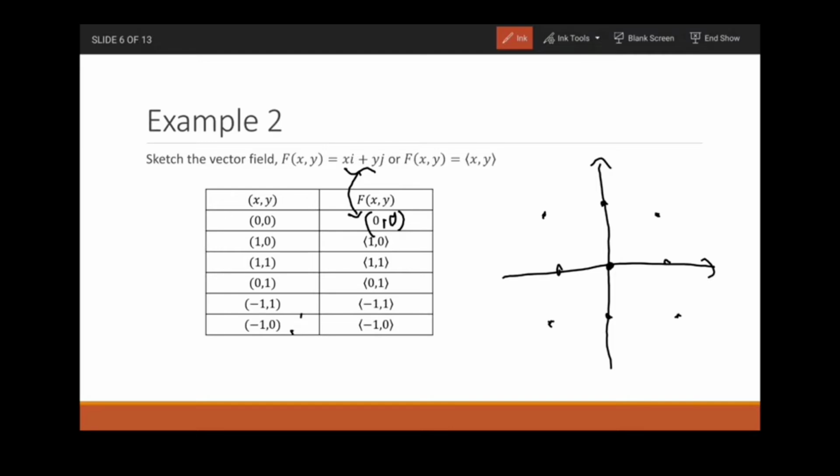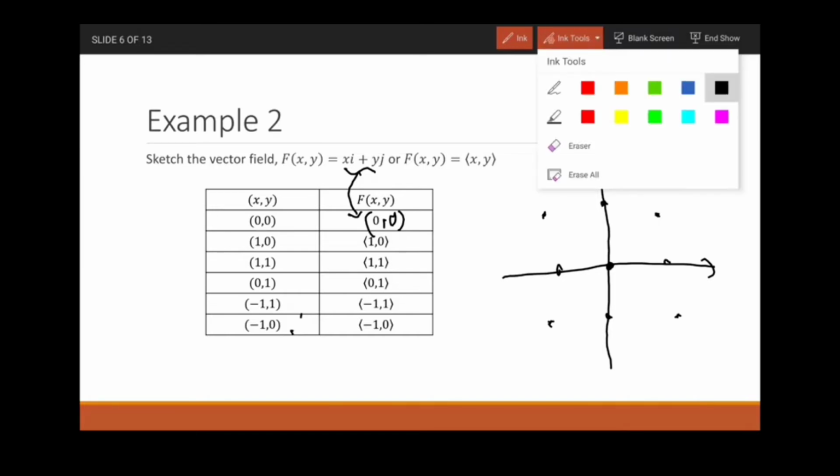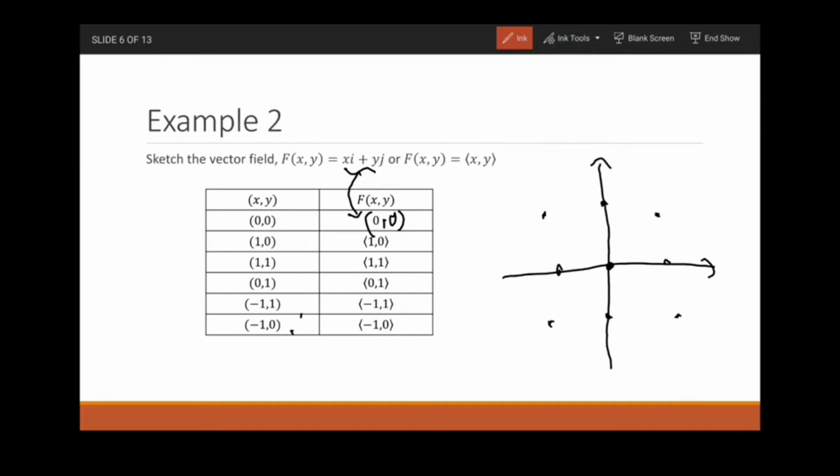Then we repeat for another point, for example point 1, 0. This is the point 1, 0, so the function vector is 1, 0 also.